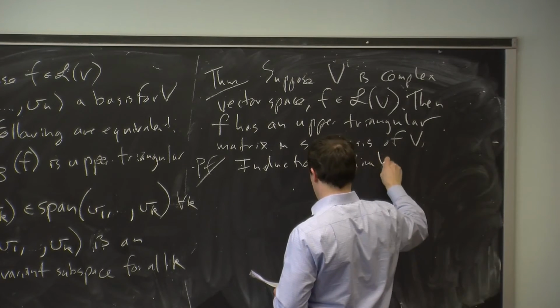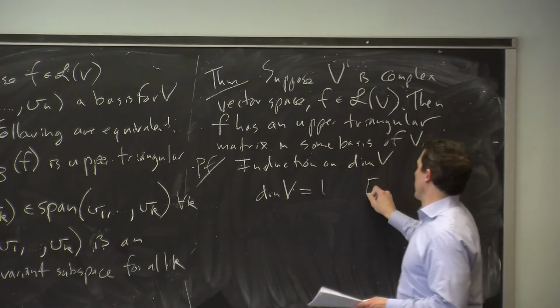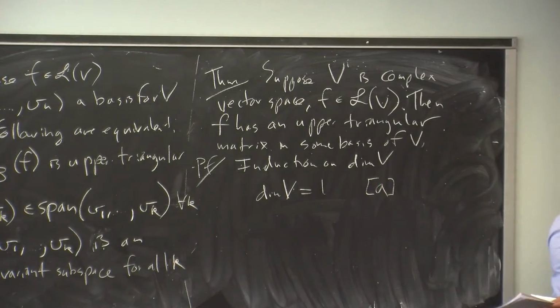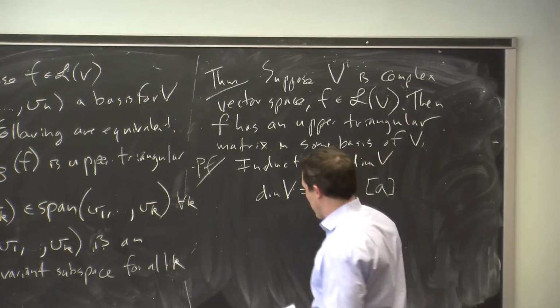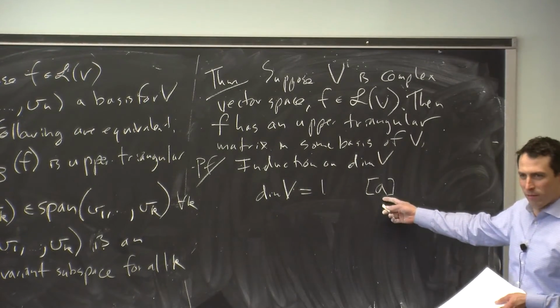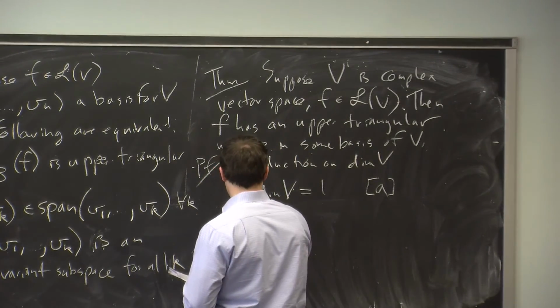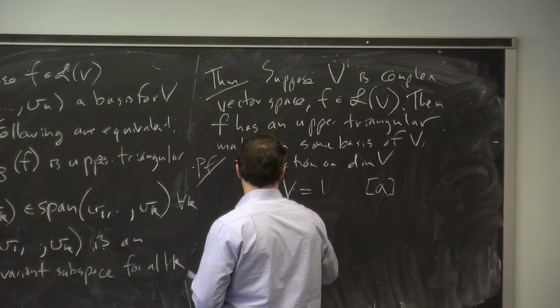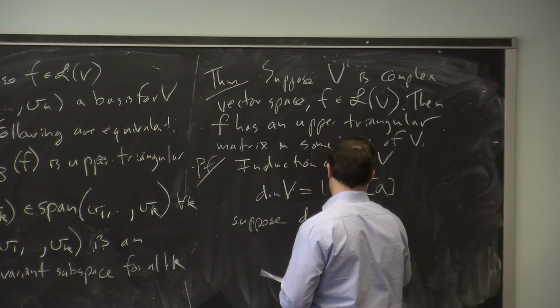on the dimension. When the dimension of V is 1, we know what the linear transformations of a one-dimensional vector space to itself are. It's just scalar multiples. Okay, so that's upper triangular, very trivially. So that's our base.